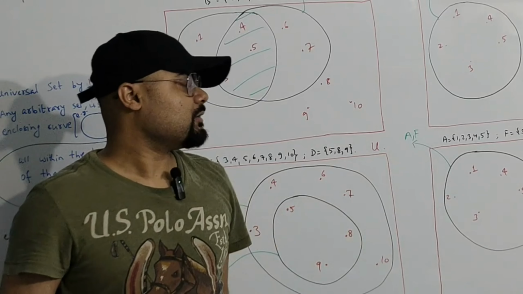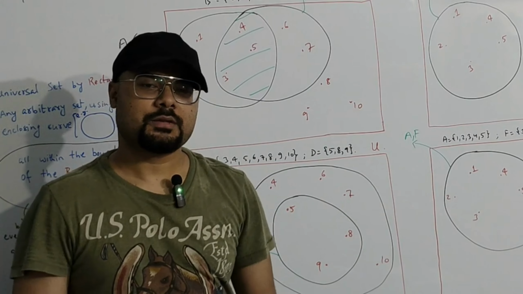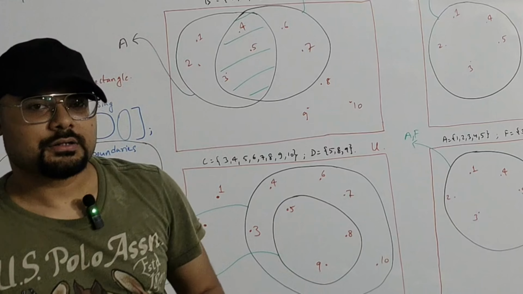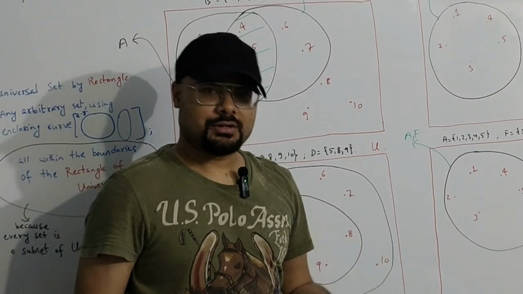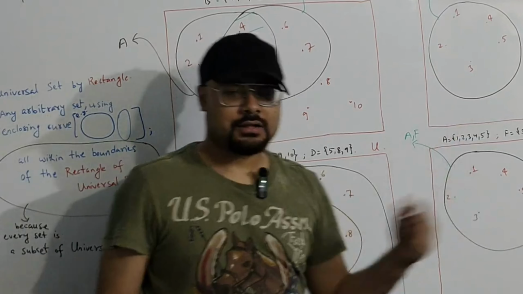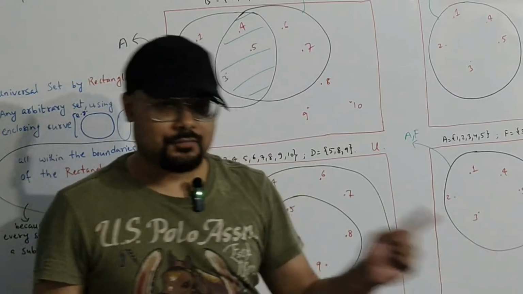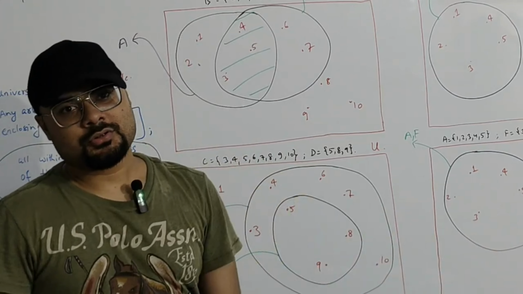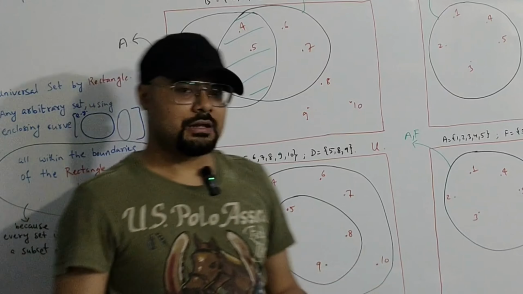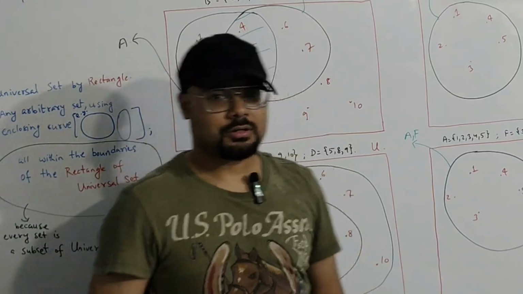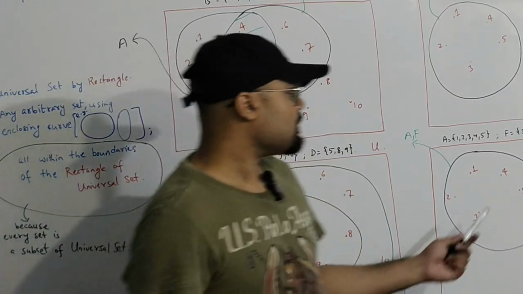For equal sets, there is one more way to look at it. We know that every set is a subset of itself, and if A and F are equal, it means that A is a subset of F, and F is a subset of A. So, in order to show whether two sets are equal or not, you can also use this.